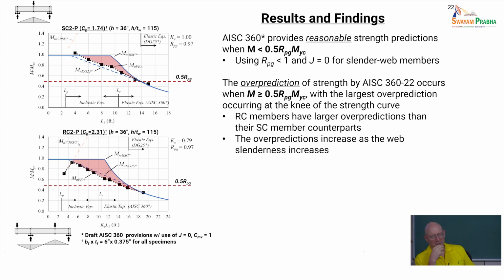And so the top plot here is for a 3-point bending test with this intermediate slenderness web. The bottom plot is for the reverse curvature bending. And so with the higher moment gradient, with the reverse curvature bending, we've got even more damning results in terms of the predictions from the current specification, which is the top curve here, and then the shaded region showing the comparison to that.